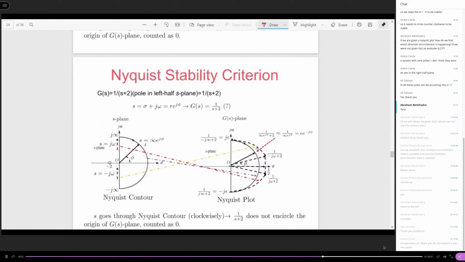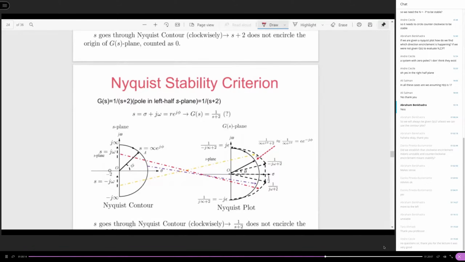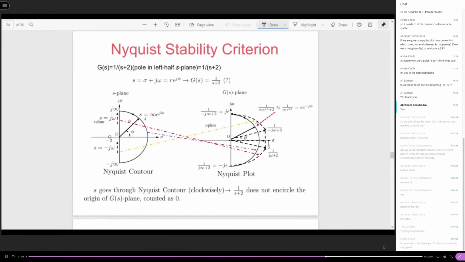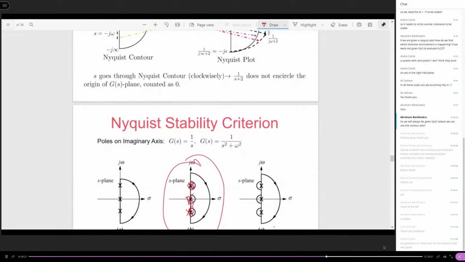S is specified along the clockwise direction on the Nyquist contour, and correspondingly, the Nyquist plot will have a direction. Because this is point-to-point mapping, if you have the direction on the Nyquist contour for S, then you should have the direction on the Nyquist plot. So that direction can be easily determined. It depends on how you move S; the point on the Nyquist plot is going to move accordingly.